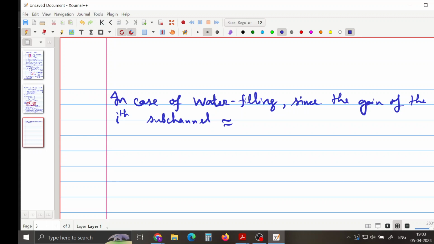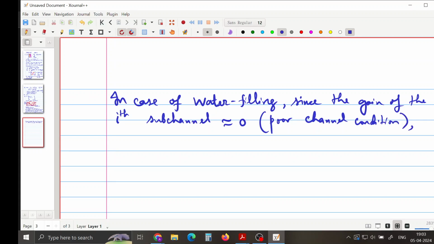So what does c_i equal to 0 mean in terms of a diagram? Since the gain of the ith subchannel is 0, it means poor channel condition.